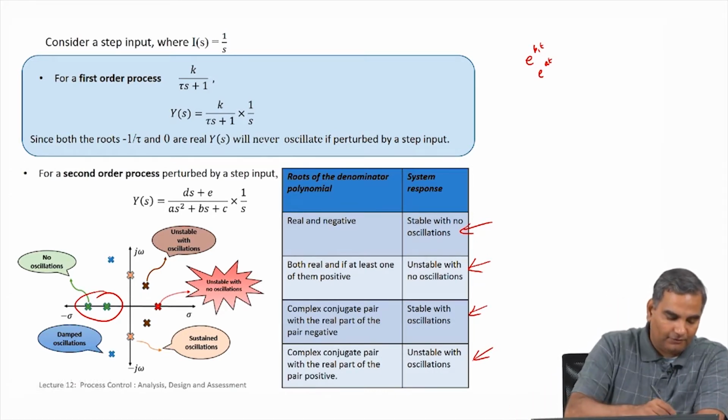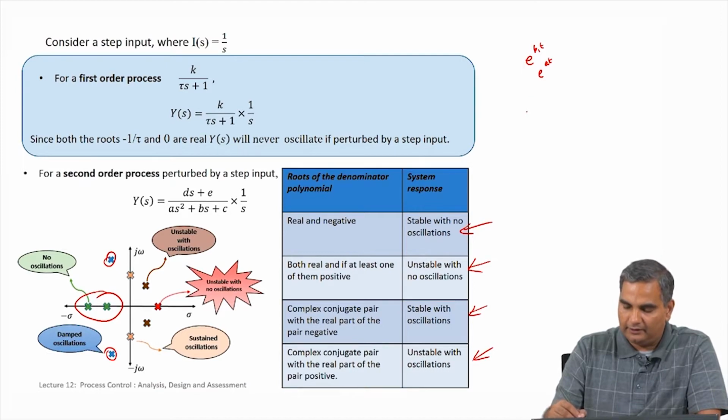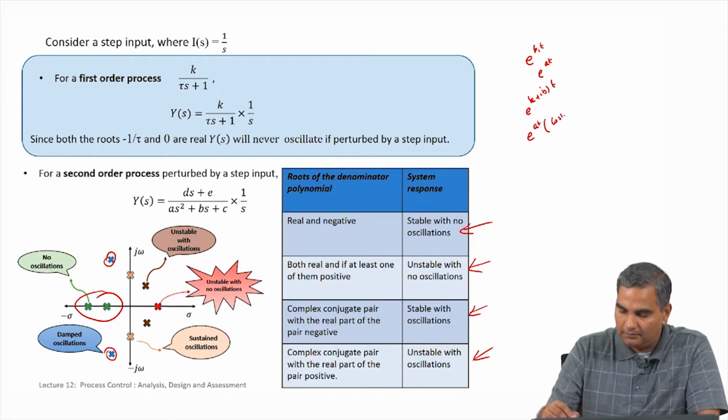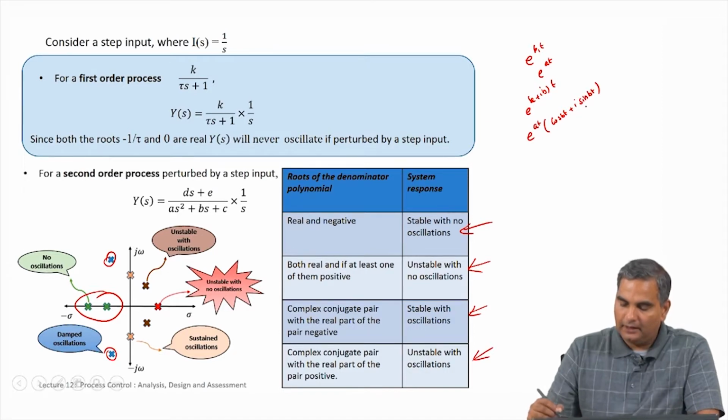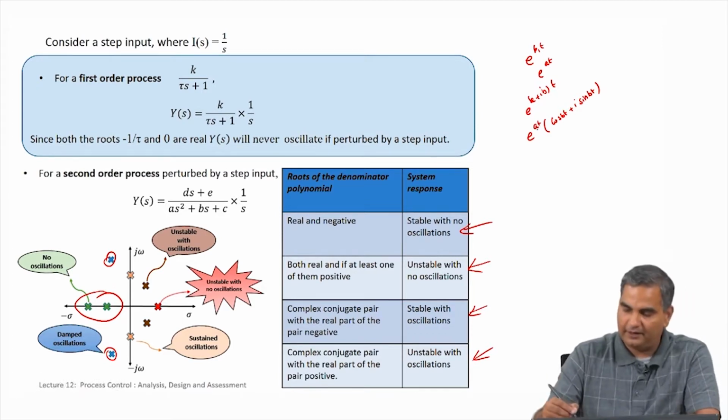However, if I have poles like this, then what I am going to get is terms of the form a plus ib times t. This is going to be e power at, cos bt plus i sin bt. Now, as t tends to infinity, because I am showing these poles in the left half plane, a is negative.